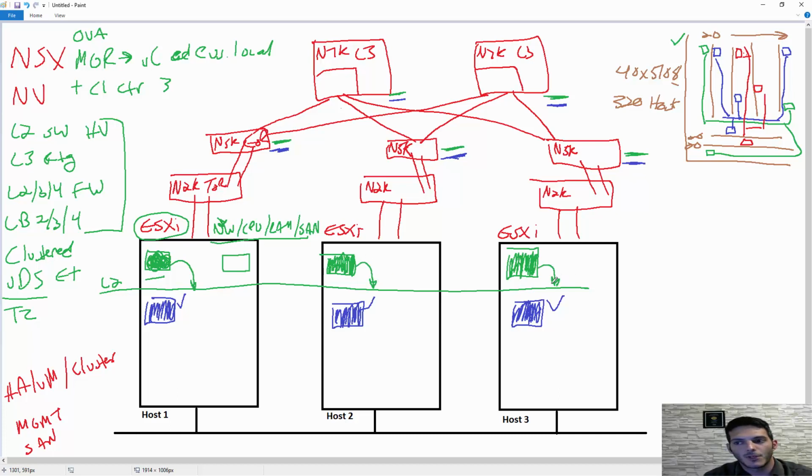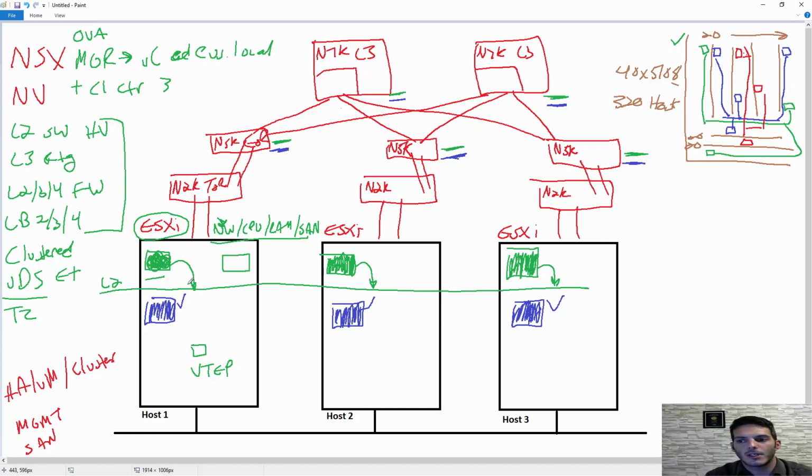Now, once you've done that, there is a VM kernel adapter that's created when you tell a host that it's going to be joining an NSX environment. The host will get this VM kernel adapter, which is also what they refer to as a VXLAN tunnel endpoint, or a VTEP.